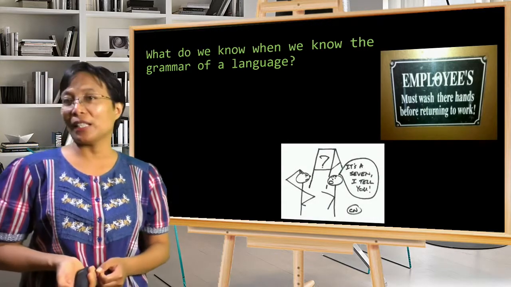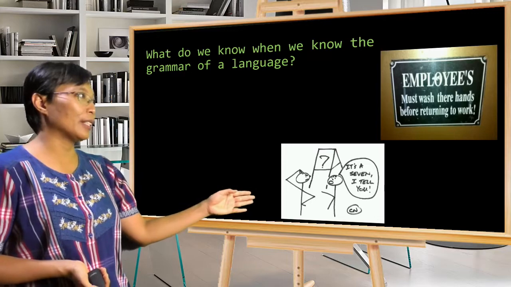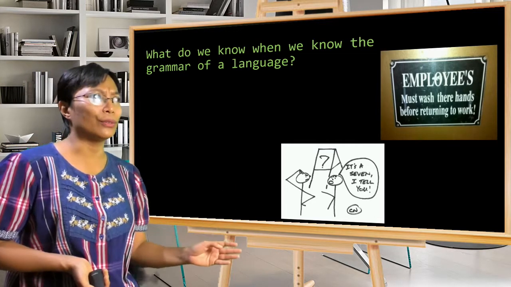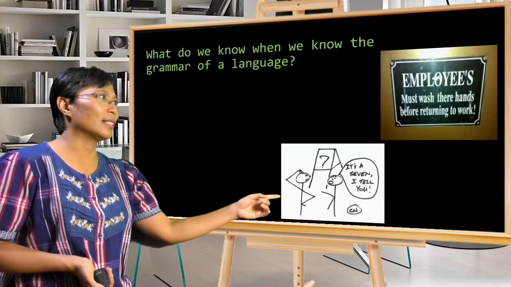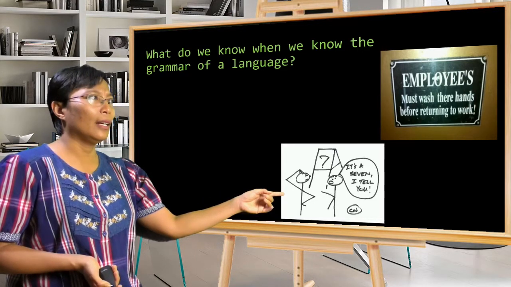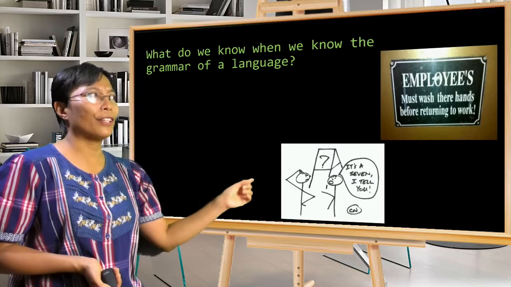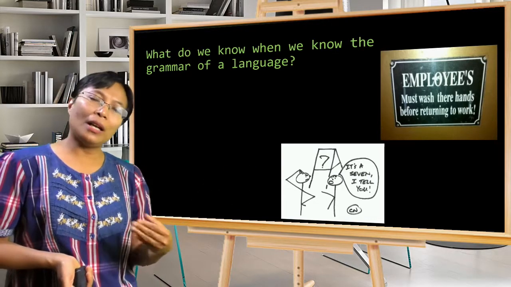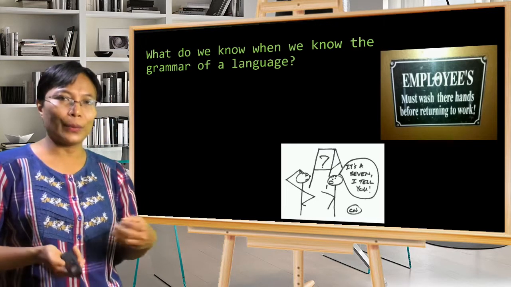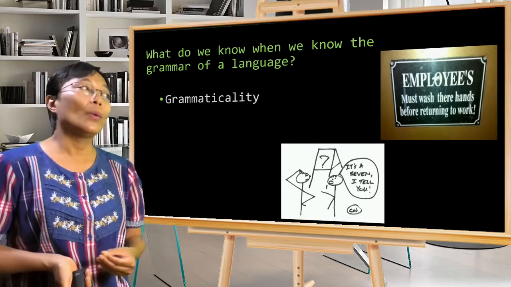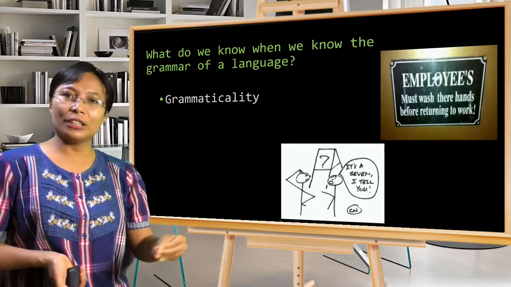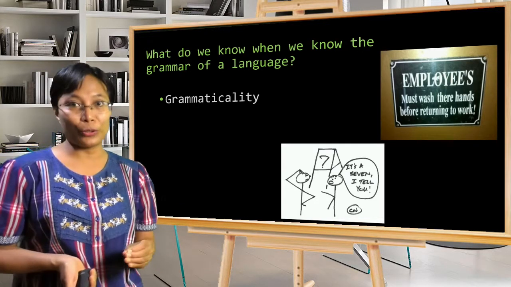Next, what about this? What can you say about this picture? It's a 7, I tell you. But the second person here has a different interpretation. So when we come to our grammar knowledge, then we can know the grammaticality of a particular construction.